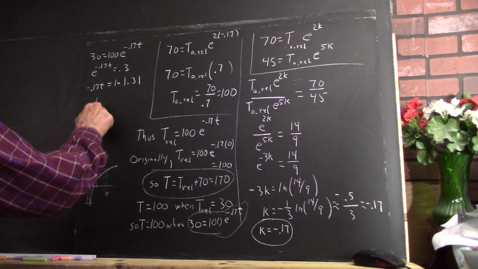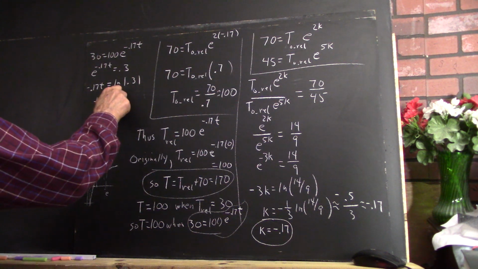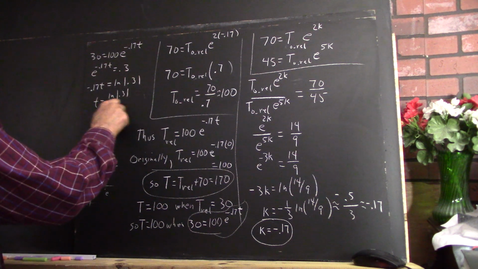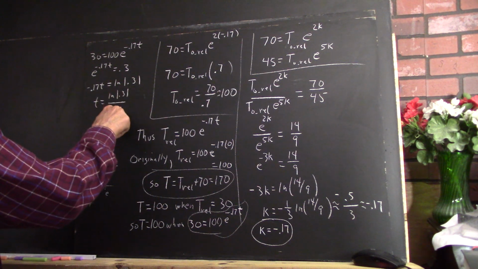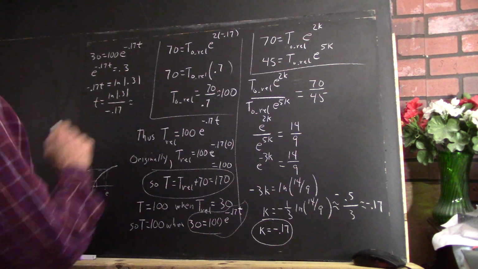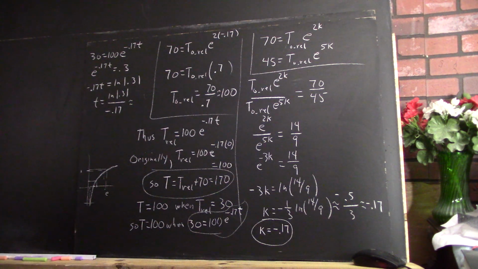So anyhow, we'll say t equals natural log of 0.3 over negative 0.17. Got to have a better way to estimate the natural log of 0.3. Natural log of 1/2 is negative 1. Natural log of 1/4 is negative 2.